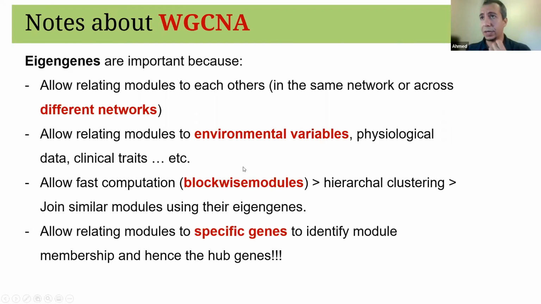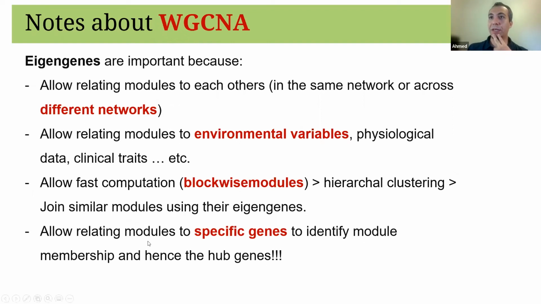There is a function that we're going to look at called blockwise modules. You break your data set into blocks, and then you run each block in parallel. You use different cores in your machine to run the independent blocks and build a tree for each one of these. Then you can connect these modules with each other using these eigengenes or eigenvectors at the end and get the final modules.